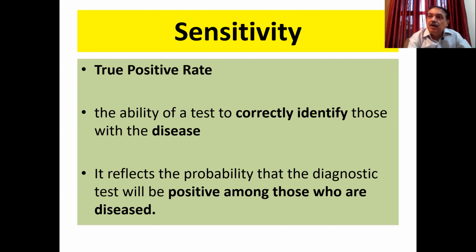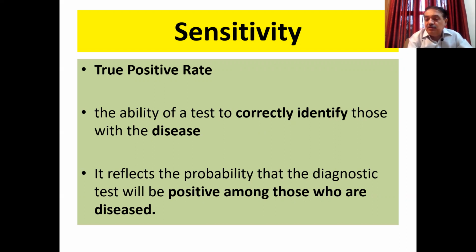So if 100 diseased people are tested and all get a positive result, that means sensitivity is 100%. But that is not the case. In all tests, there must be some erroneous results also. So 80% sensitivity means if 100 diseased people are tested, only 80 will get a positive result, and that is true positive.